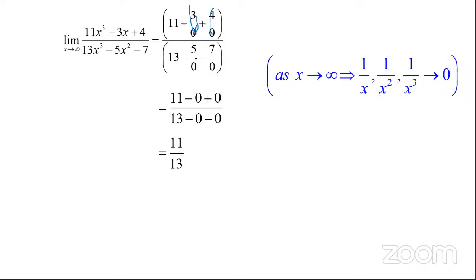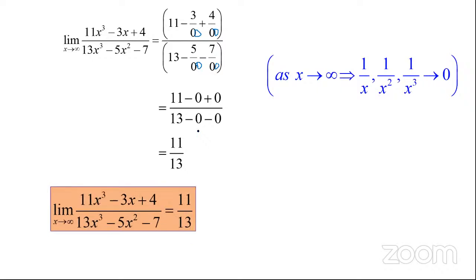These values are zeros. Then for the remaining value, 3 by x, I'm writing here, x tends to infinity, so these values are infinity.